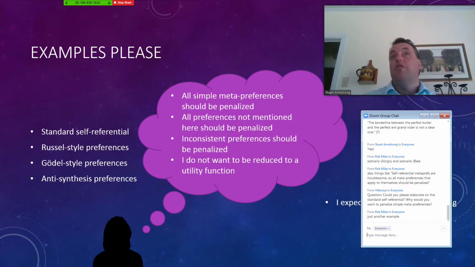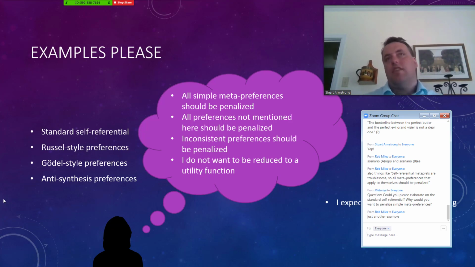An over-seeking of simplicity is something that I think could end disastrously. So I do not want to penalize simple meta preferences. I want to stop them from an oversized domination. So that's why I said I might have something vaguely in that area.